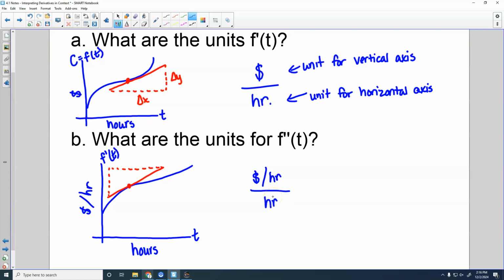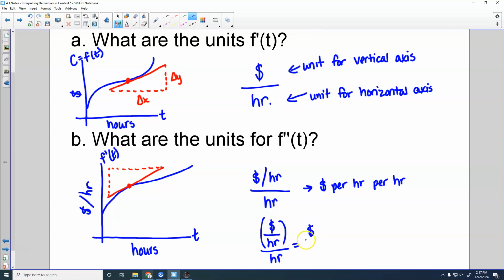I suggest just writing it this way. I mean, technically that's okay. It's dollars per hour per hour. I suggest just doing that. However, if I make this a fraction, this is dollars per hour divided by hours. And when I have a complex fraction, what do I have to do? Flip the second and multiply.